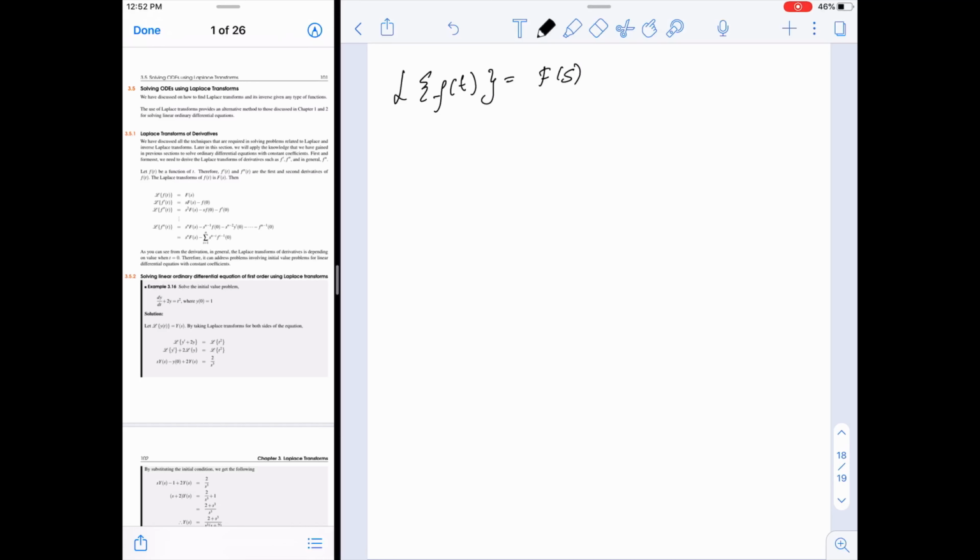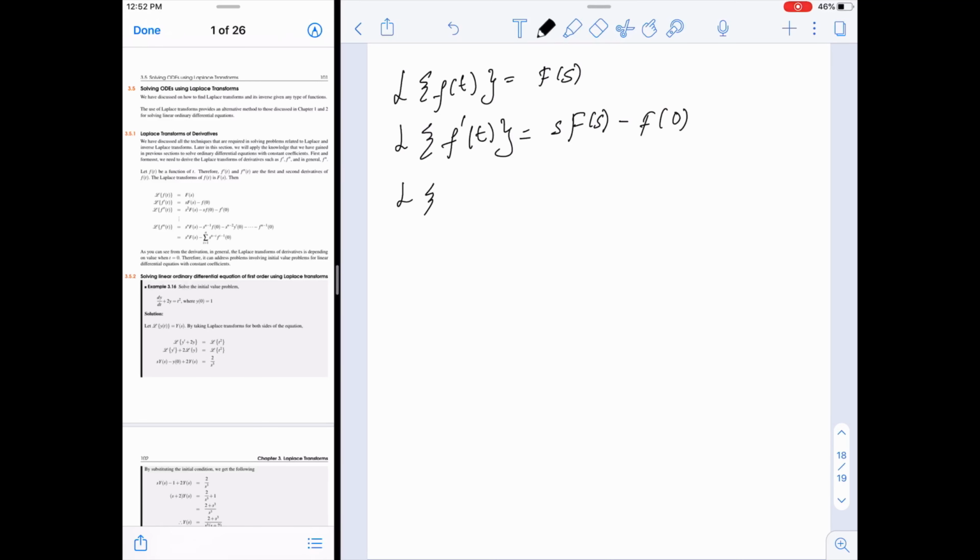And if you want to take the Laplace of the derivative f prime, you will get sF(s) minus f(0). The f(0) will be given to you in the boundary condition.